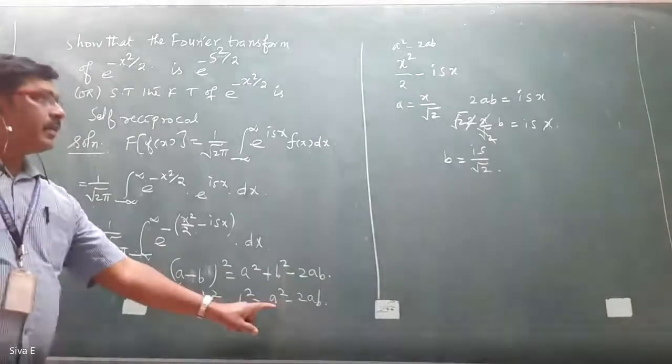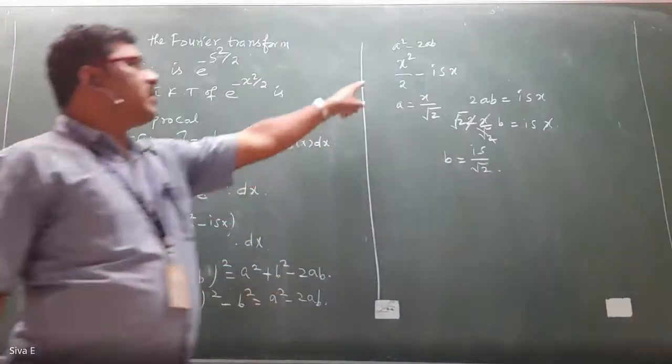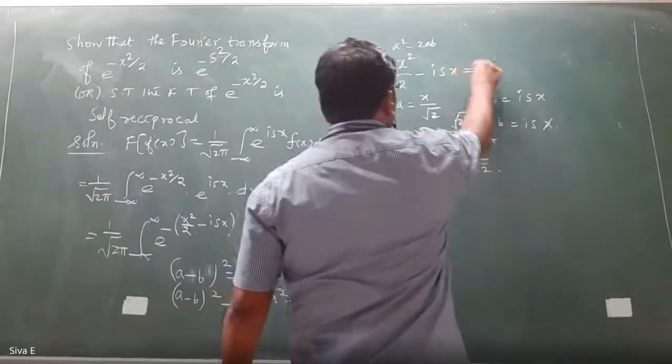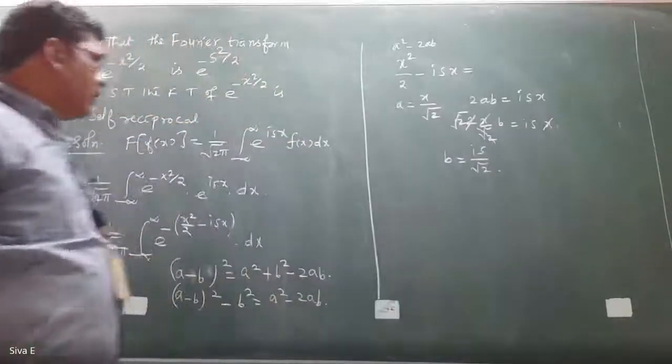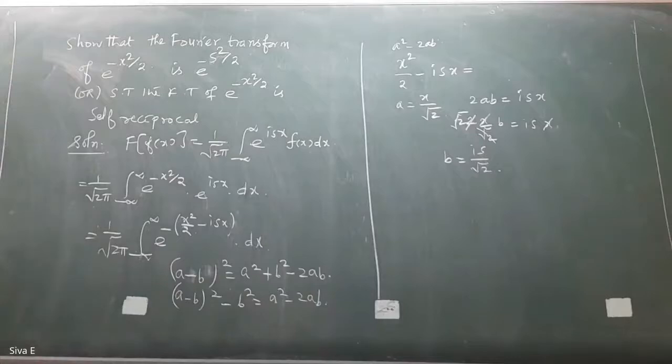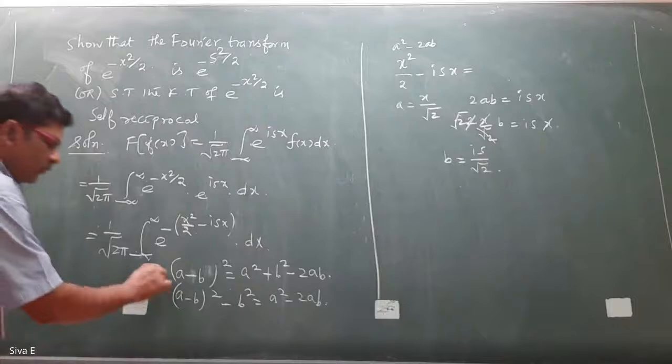Then how can we write this x square by 2 minus isx? The formula is there, na?